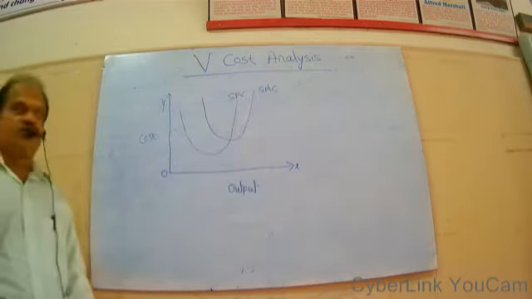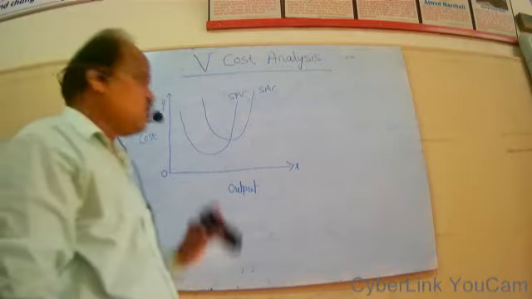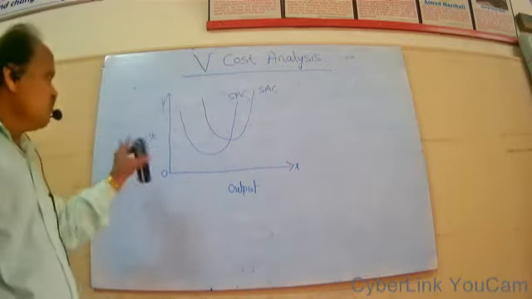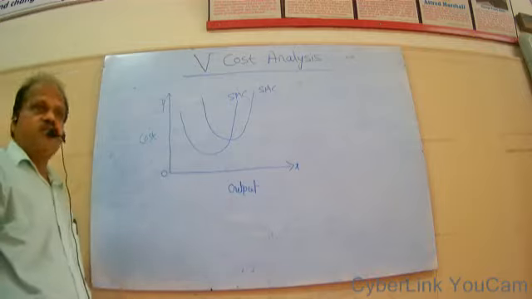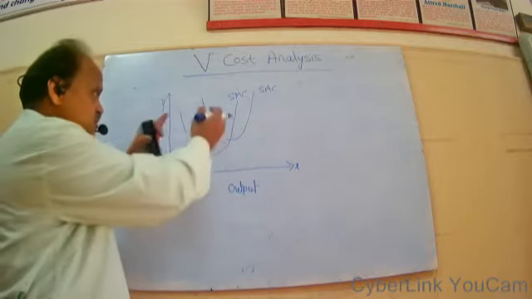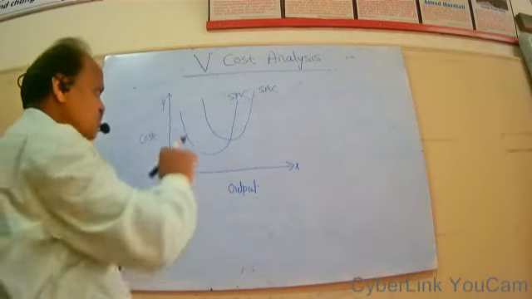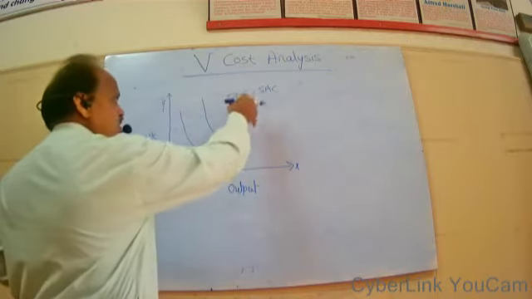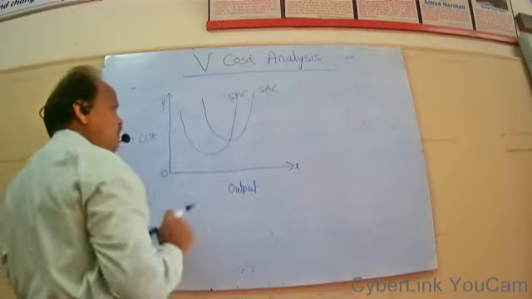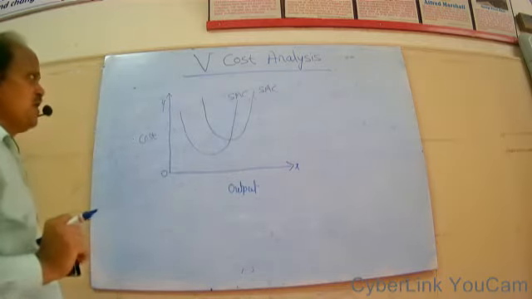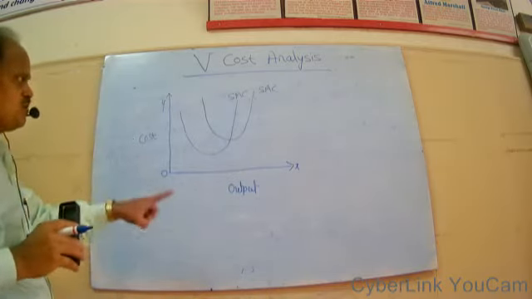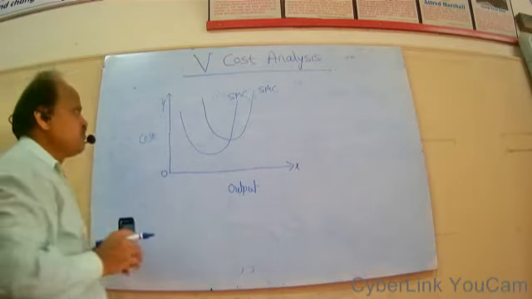SAC short run average cost curve, SMC short run marginal cost curve. So both are U-shaped but more pronounced. So this is the more pronounced shape of cost curves. So cost curves are U-shaped but more pronounced in the short run.